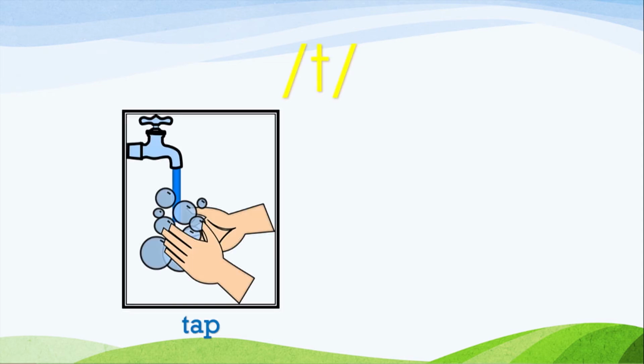Let's do another. T. We are listening for the T sound at the beginning of our words. What do we see? We see a picture of someone washing their hands under a tap. So our word is tap. Do we hear the T sound at the beginning of the word tap?